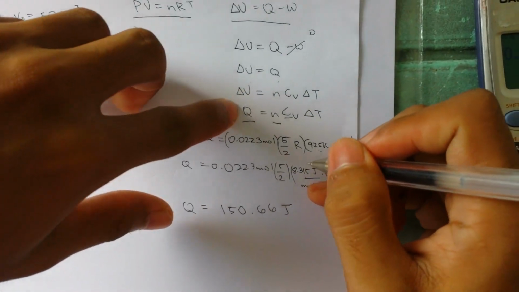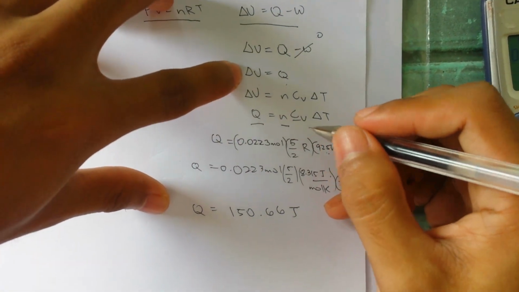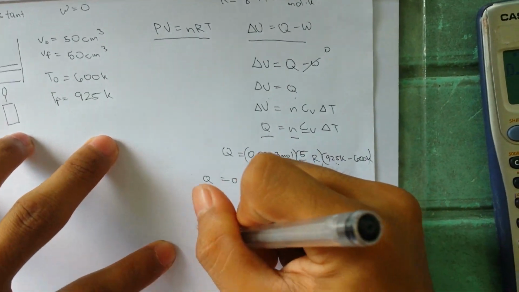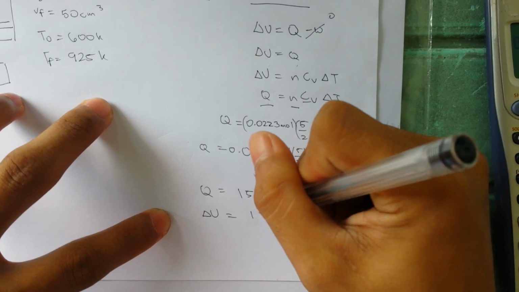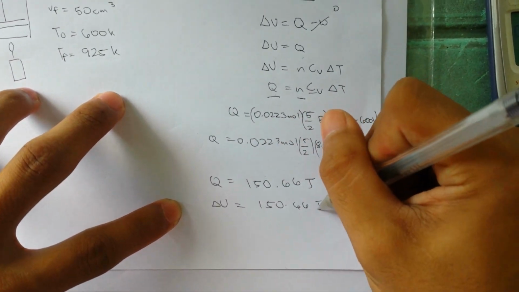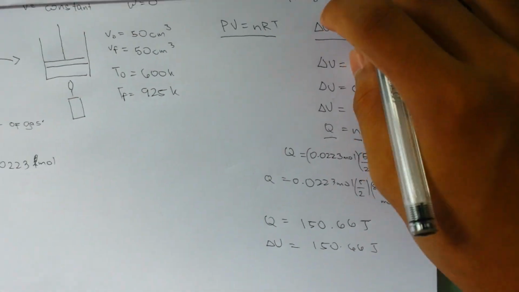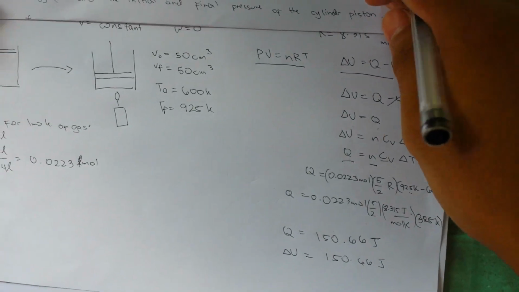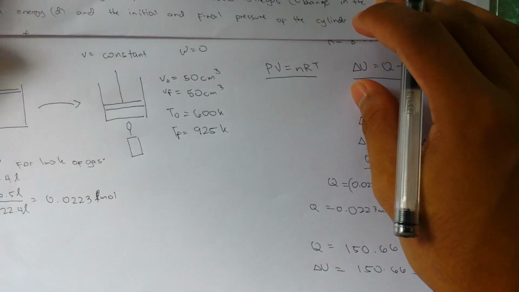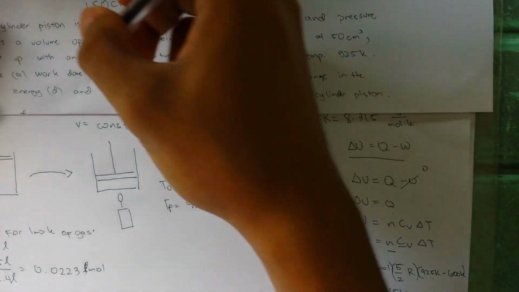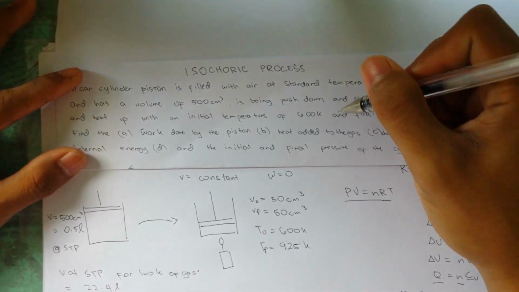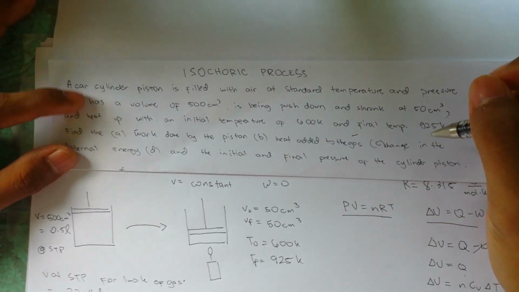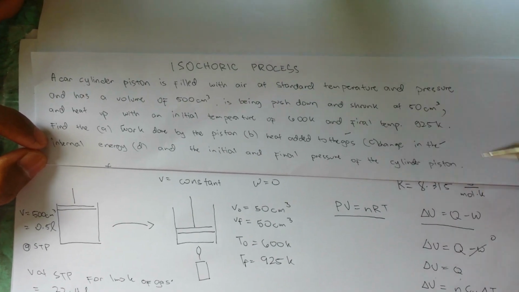Heat is equal to change in internal energy, so our change in internal energy is equal to 150.66 joule. We have solved 3 questions: work done by the piston, heat added to the gas, and change in internal energy.